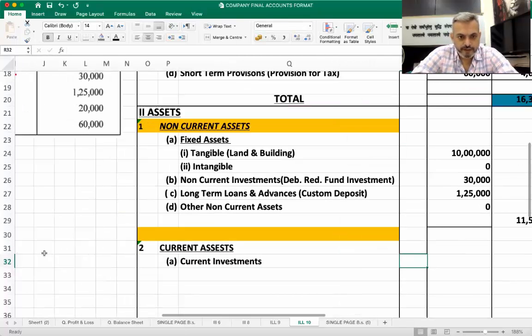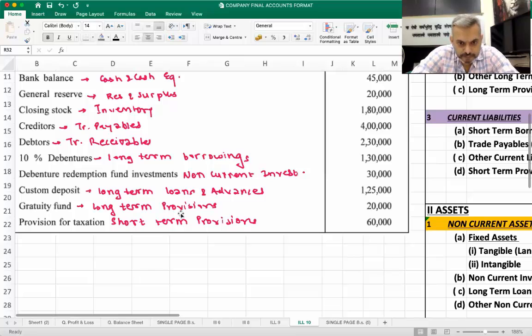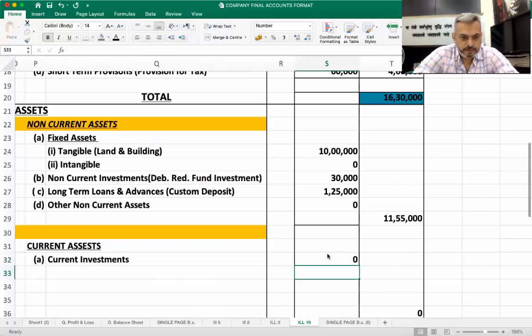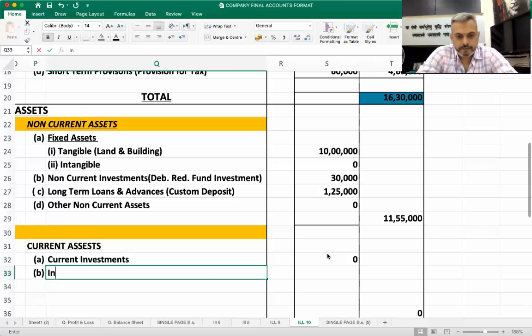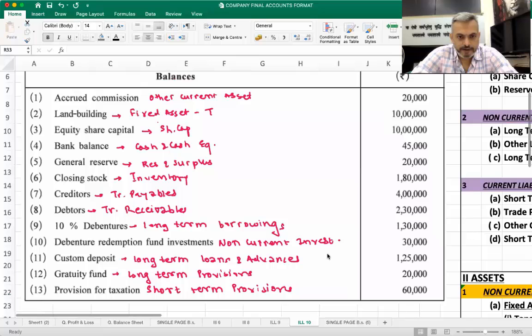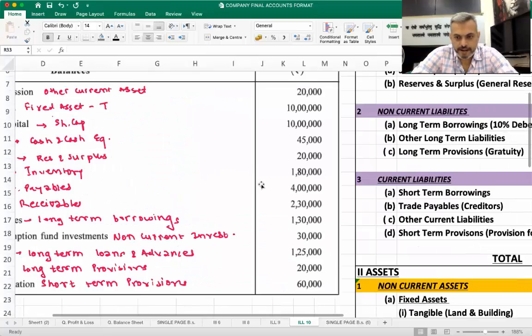Now let's check, do we have current investments over here? See in the question, no current investments, so 0. Inventory, we have closing stock. Inventory closing stock, 1,80,000.